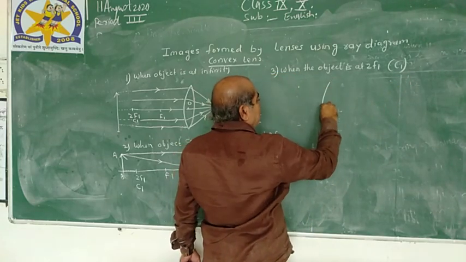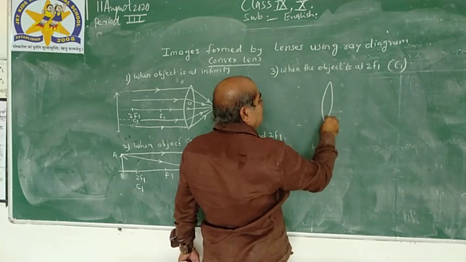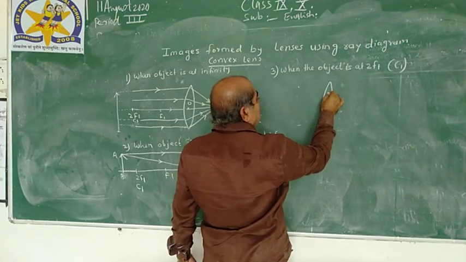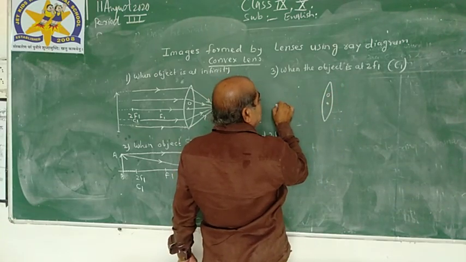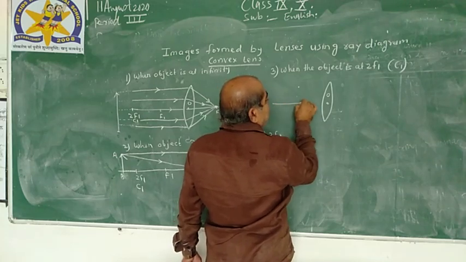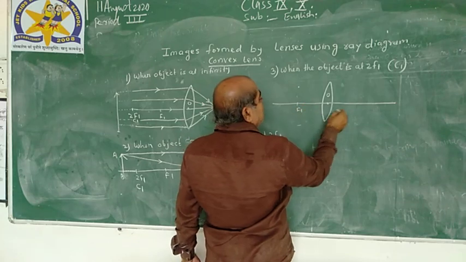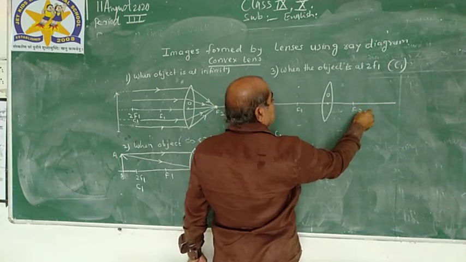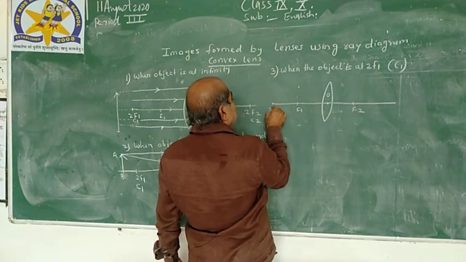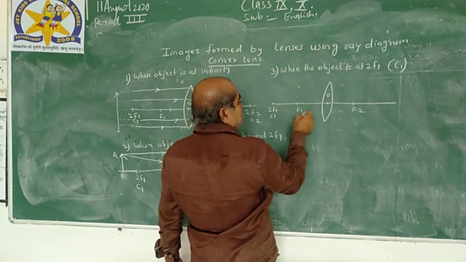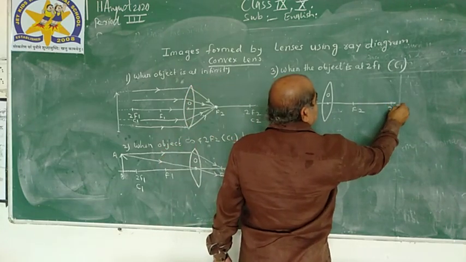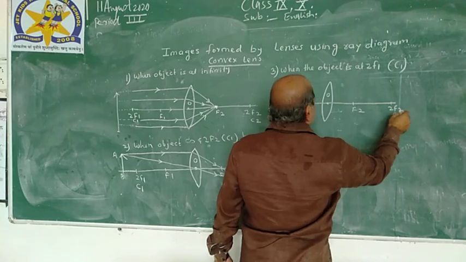So this is again the convex lens. O is the optic center. This is the principal axis. F1 and F2 are the principal foci. This is twice F1 or C1, and this is twice F2 or C2.